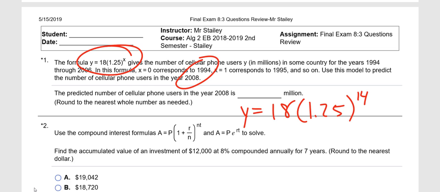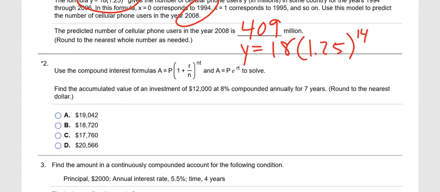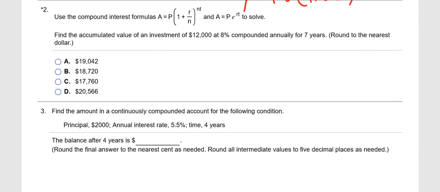And then, of course, we're going to go over to the handy-dandy machine and type it in. 409.3, 409 if you want to go to the nearest. Sounds good to me. Let's do 6 more before he gets back.